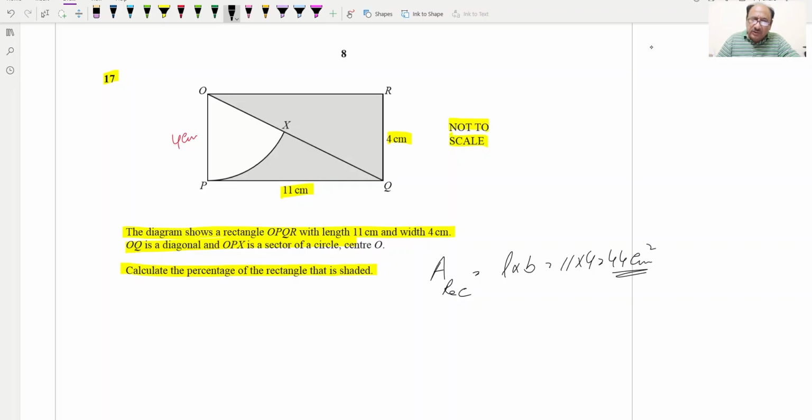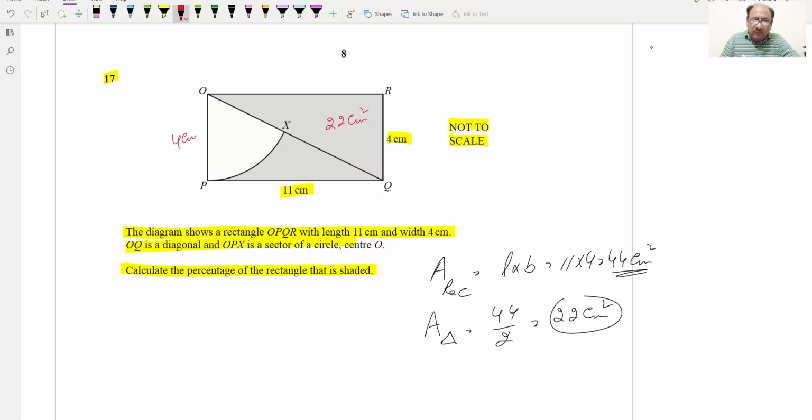So this will be the area. Now area of triangle will be what? Area of triangle will be half, so it will be 44 divided by 2, which is equal to 22 centimeters square. So this area is 22 centimeters square, this one 22 centimeters square.